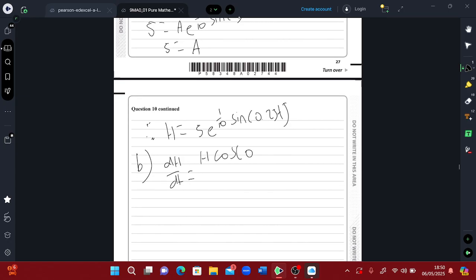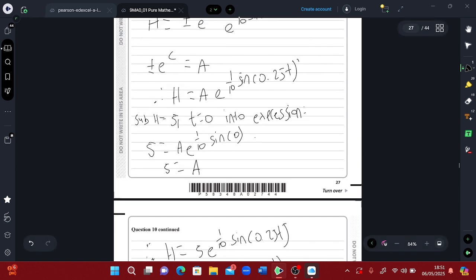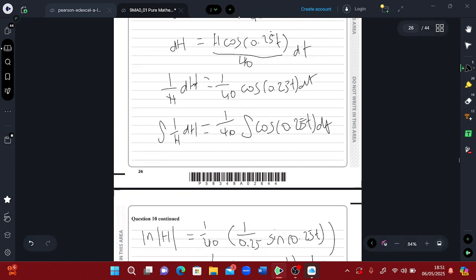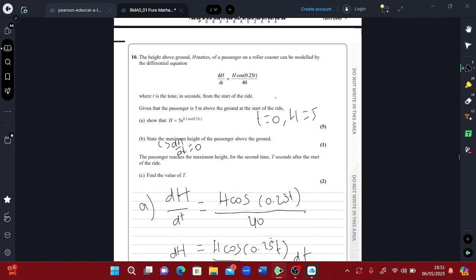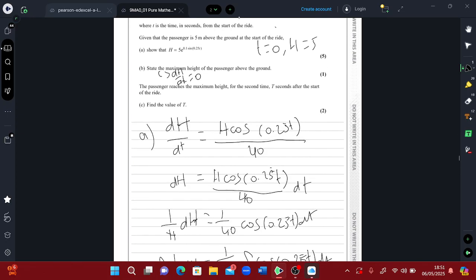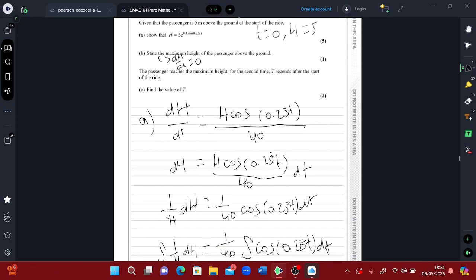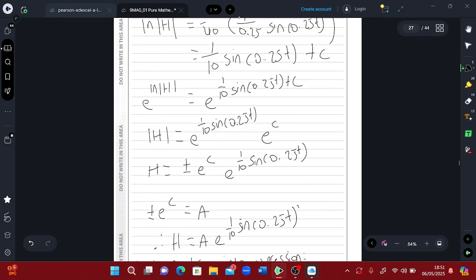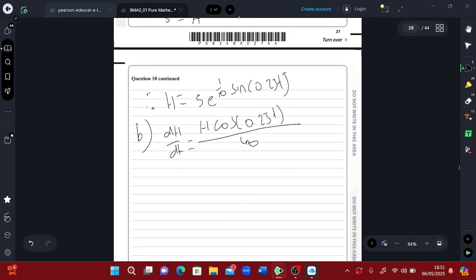I'm getting ahead of myself here. Is that right? It's annoying to scroll down. Yes, so for the maximum height, dh/dt has to be 0, right? This has to be 0.